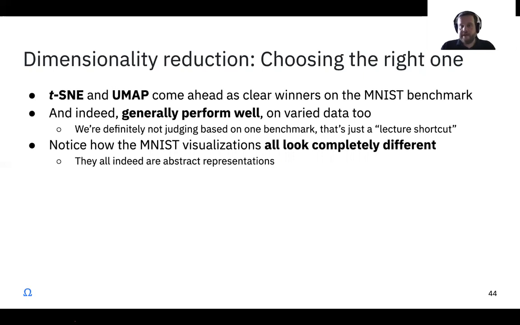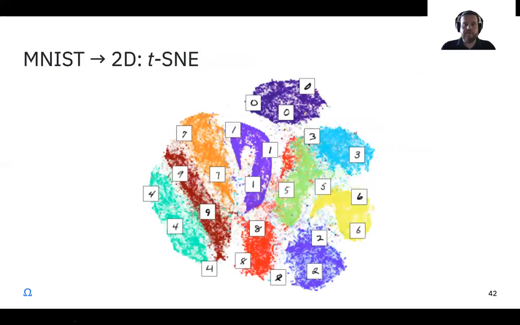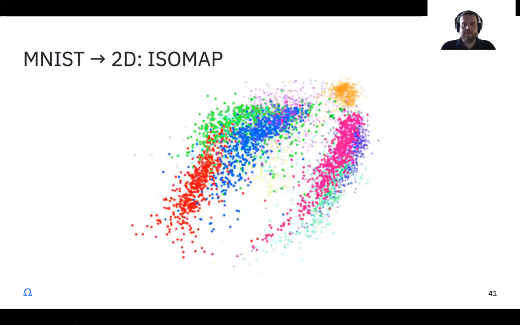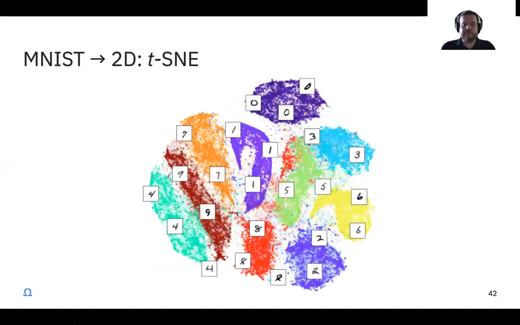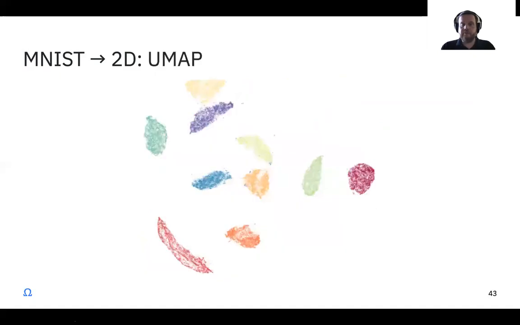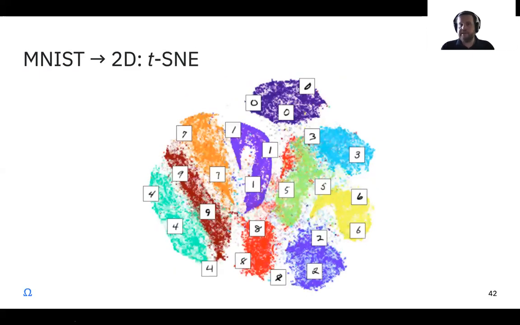And an important point to note is how the MNIST visualizations all look completely different. We have those clusters somewhere, but none of these are very similar to each other. Not even those that succeed. The t-SNE looks like this, and UMAP looks like this. So yes, we have 10 clusters, but the data looks completely different.